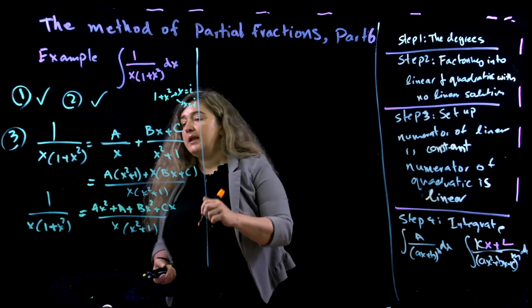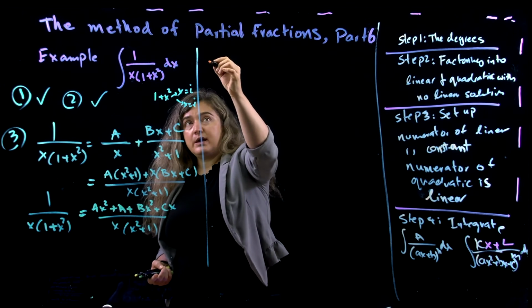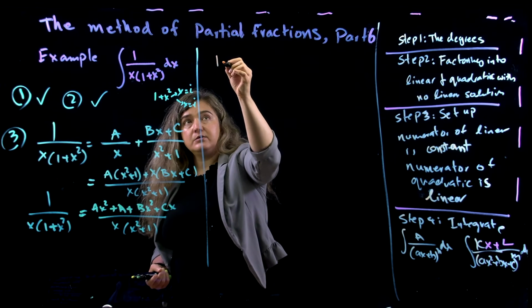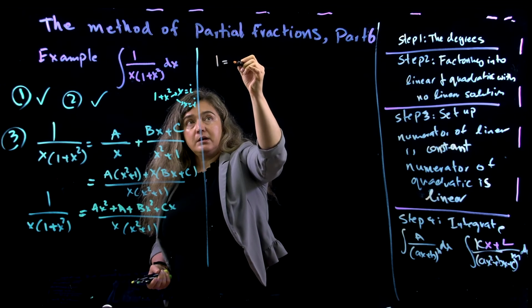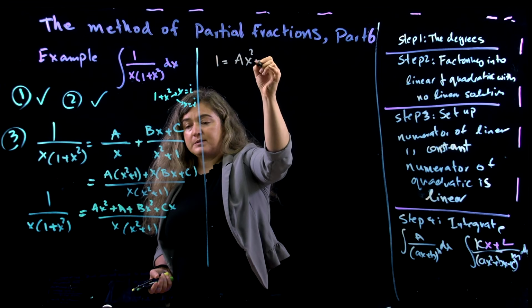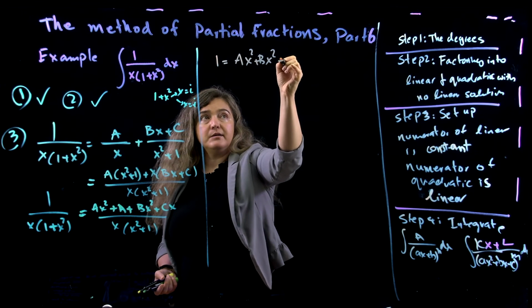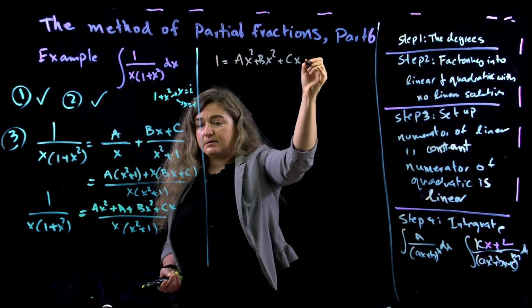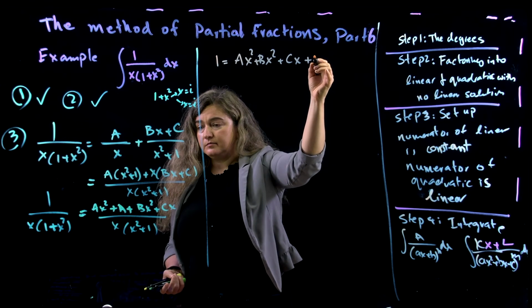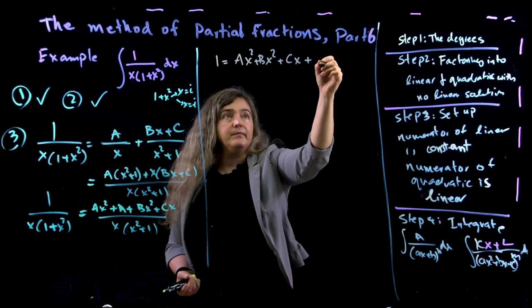And in this case, I'm going to end up with 1 is equal to ax squared, let's say, plus bx squared plus cx plus a.